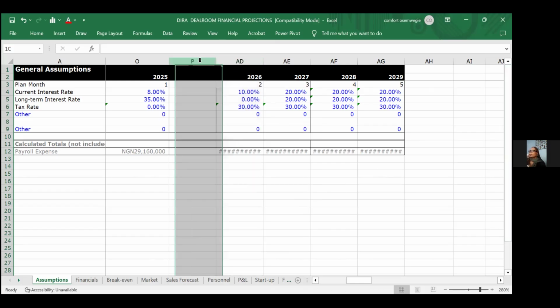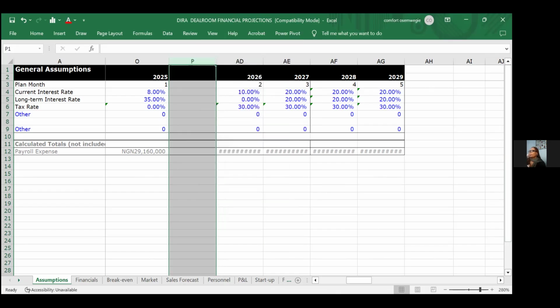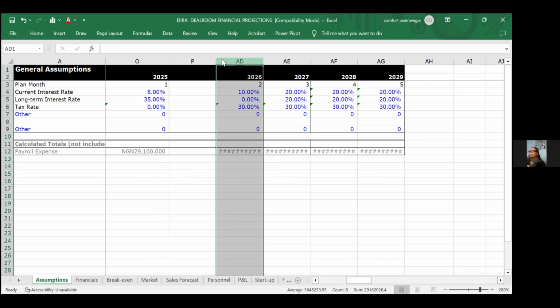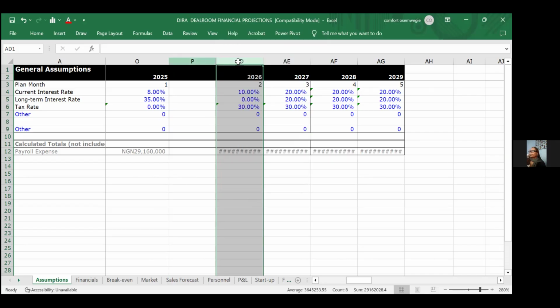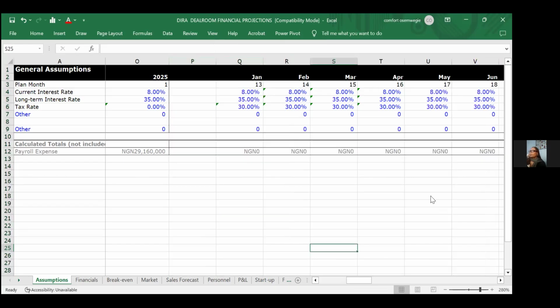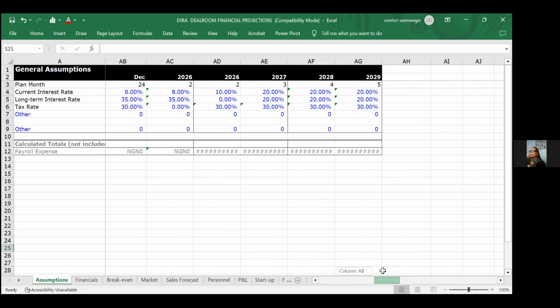I don't know why it's slow. Okay. Maybe I had two rows of problems that I was dealing with. So I've hidden it again, and it's back to where it was.